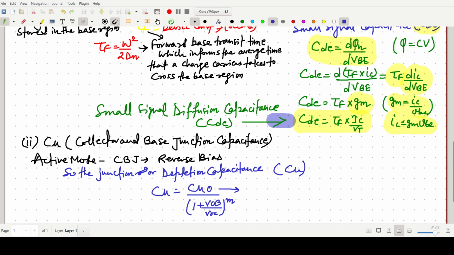So C mu naught is the value at 0 voltage.